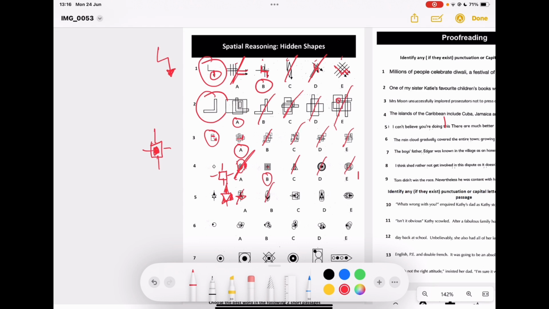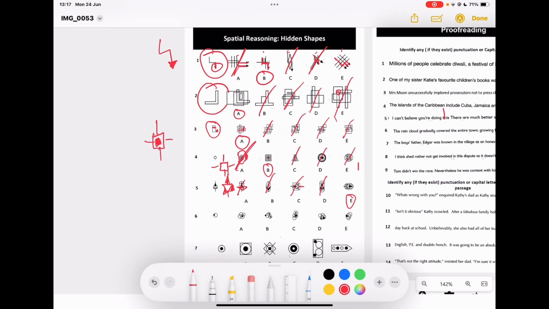That's the same with B, C because this line here is not long enough, D as well because of the size of the white triangle, but then E is a rotated version, so it's been rotated 90 degrees clockwise here, so the answer will be E.